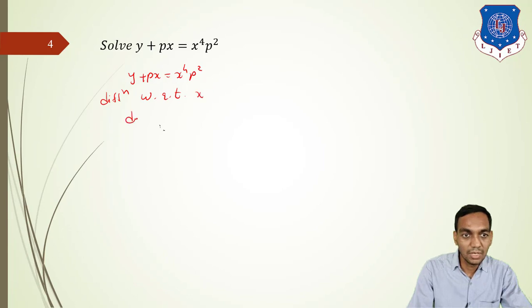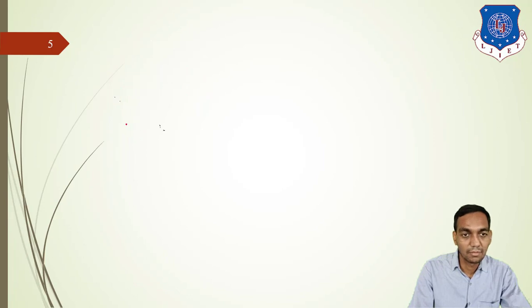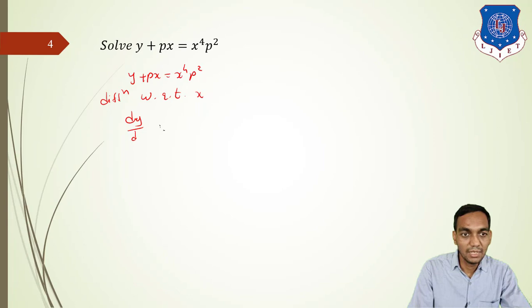And that will give you dy by dx plus, here you have to apply product rule, x as it is dp by dx plus p, x has derivative 1, here x raised to 4 as it is, p square has derivative 2p into dp by dx plus 4x cube into p square.